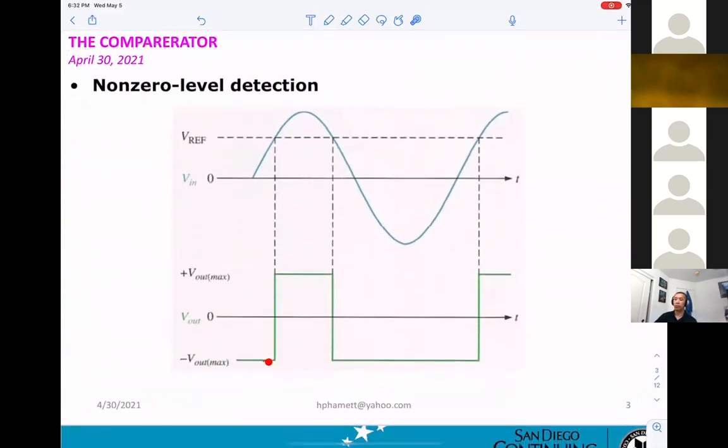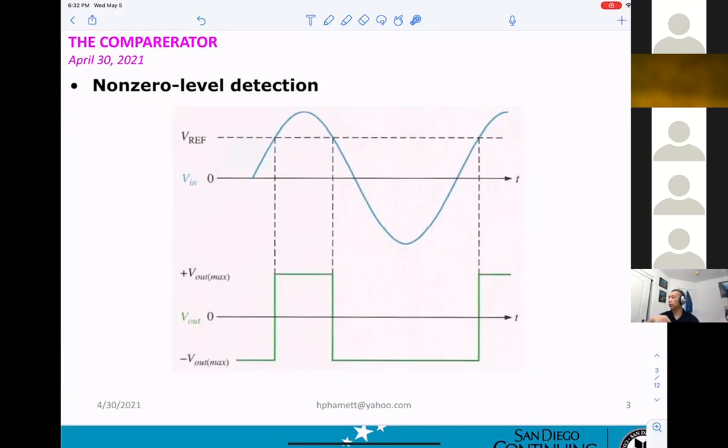You see that right here, negative. From this point to this point, the input is higher than the reference, so the output will be at the maximum positive saturation. Then from this point to this point, the input is less than the reference, so the output goes to negative saturation. That's how it works.